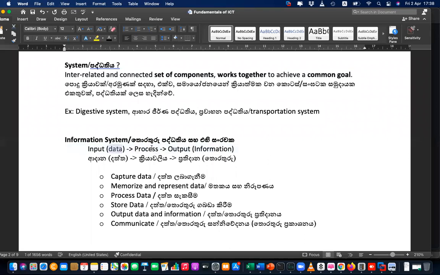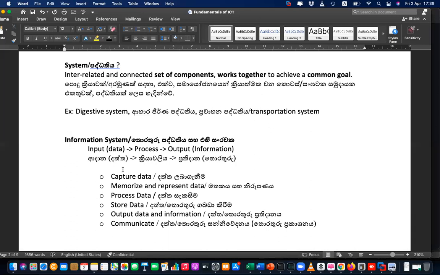So data is processed and information is created. This process happens according to the instructions given.